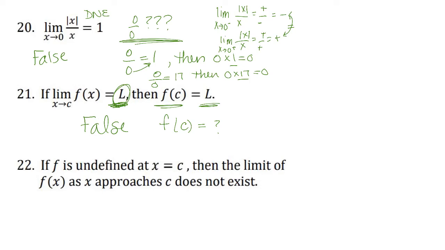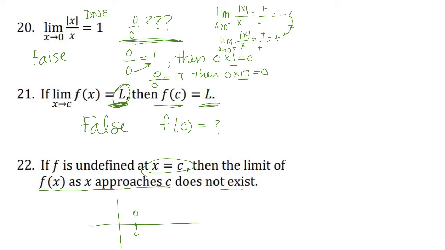And then number 22. So f is undefined at x equals c, and the limit of f of x as x approaches c does not exist. Well, let's draw it out and see. We are undefined at x equals c. So somewhere over here on the x axis, we have this c, and we're undefined there.